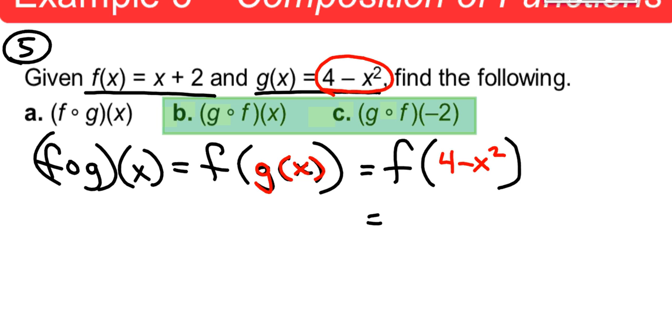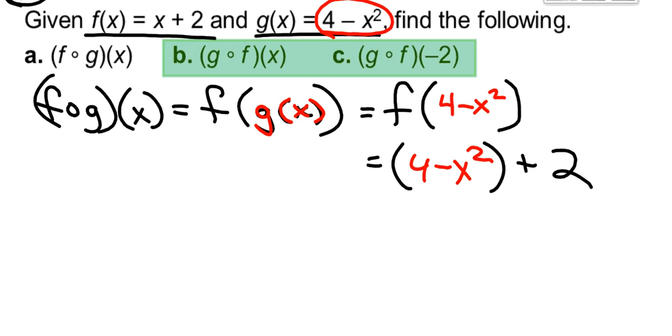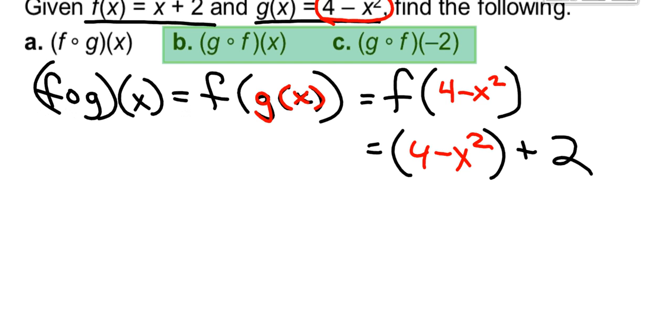In place of that x, I'm going to put 4 minus x squared. So look at it, make sure you can still see those two rules. You've got 4 minus x squared here, plus 2 is the x plus 2. And then in this one, it's just a matter of cleaning that up.